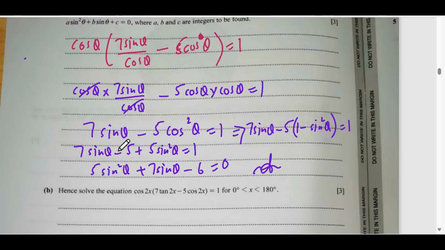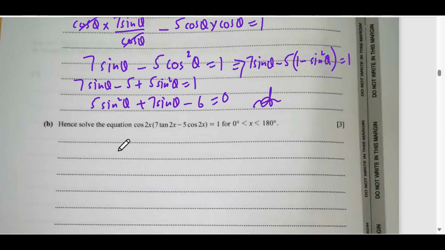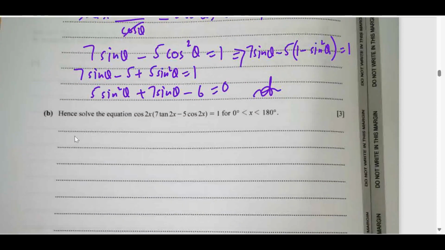If we compare these two, we can write this expression as 5 sine square 2x plus 7 sine of 2x minus 6 is equals to 0.